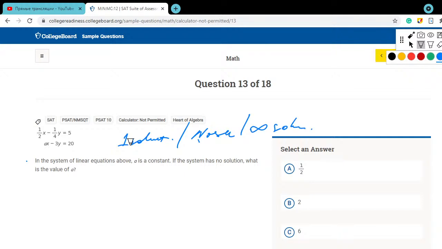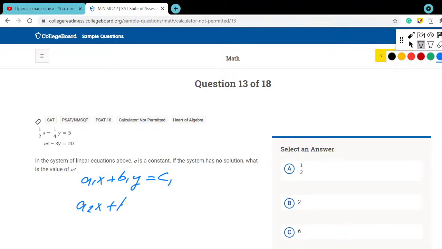What we do, if we need to have no solution, we need just divide it 1 over 2, what is like in the formula side different, a1x plus b1y equals c1, a2x plus b2y equals c2.